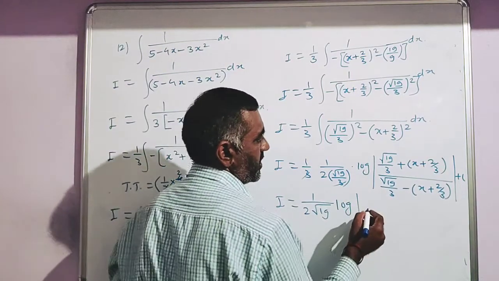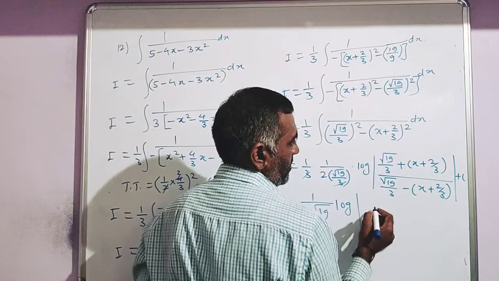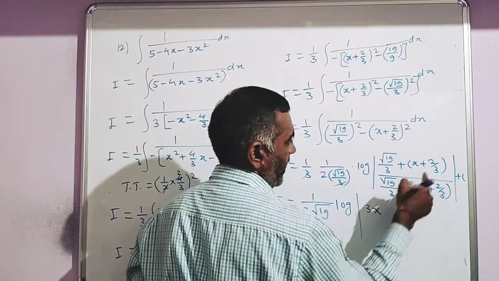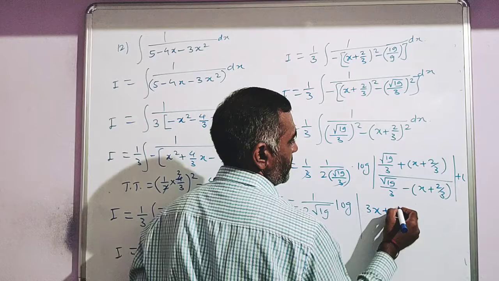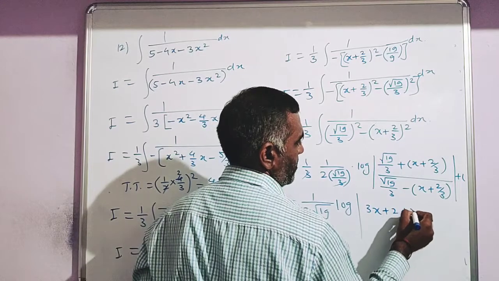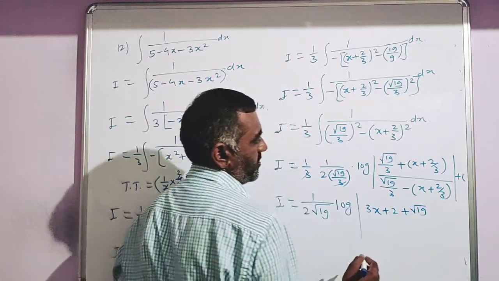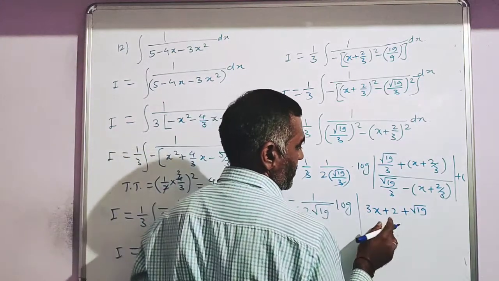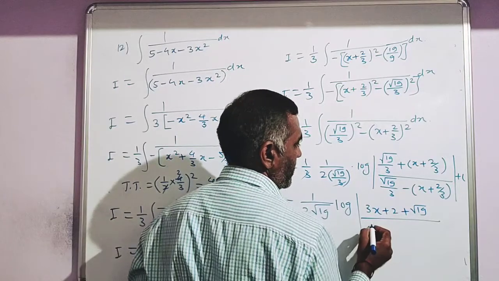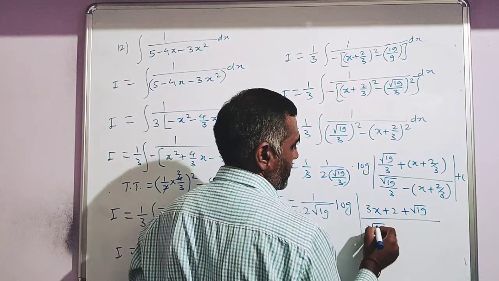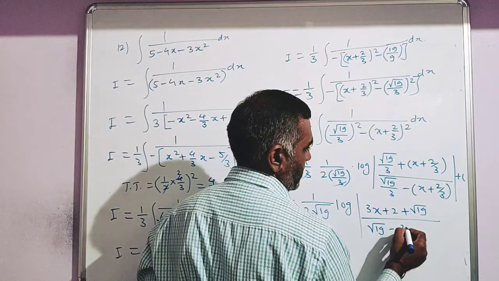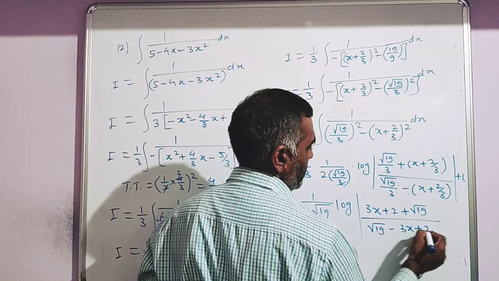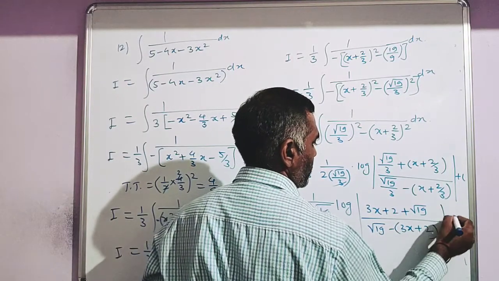1/(2√19) into log of mod of (√19 + 3x + 2)/(√19 - 3x - 2) plus c.